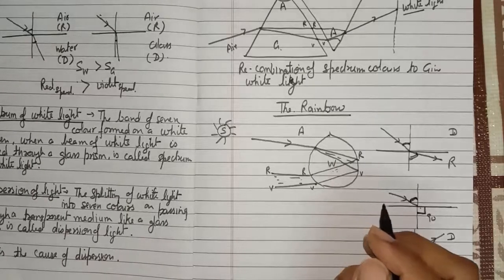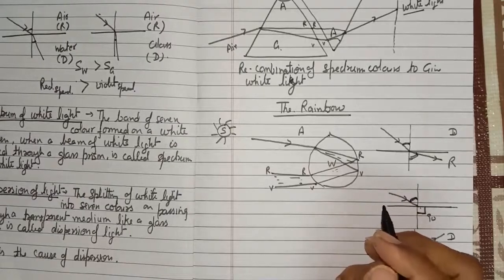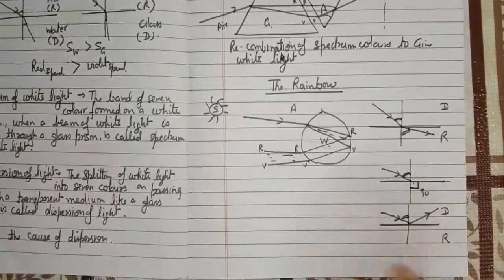Now please write down how the rainbow formation takes place. Write it down like this.